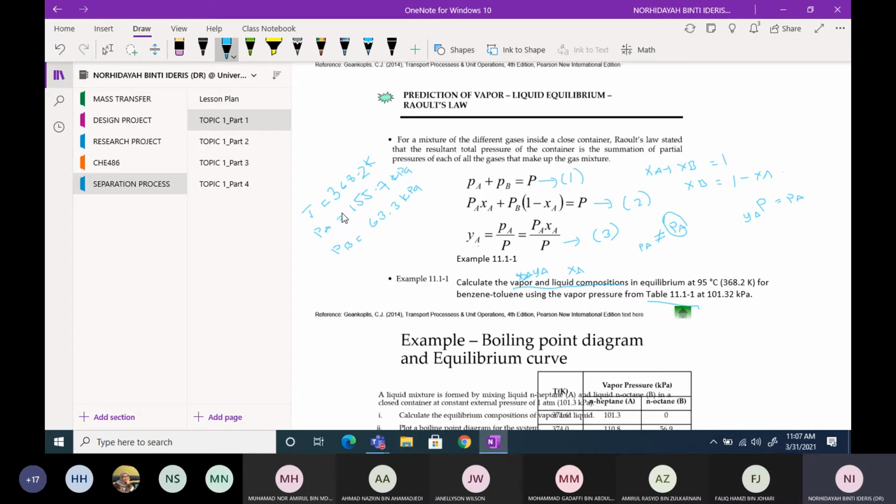Right. So you simply put these values inside equation number 2. That means 155.7 SA plus 63.3 times 1 minus SA is equal to P, 101.32. So you solve this equation, and you will get the value of SA. SA refers to the benzene.